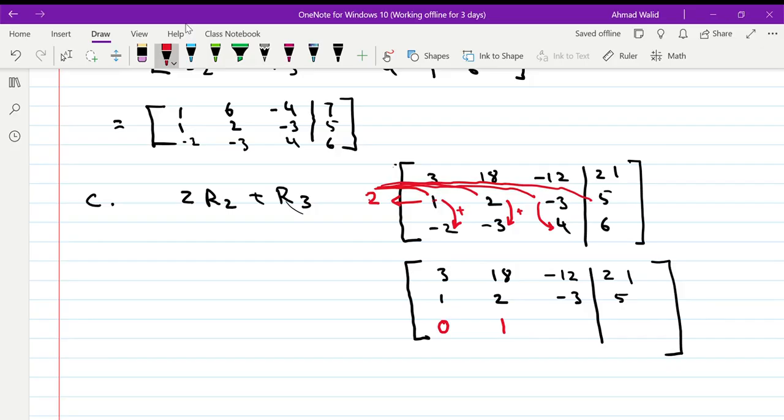Negative 6 plus 4 gives you negative 2. And 2 times 5 gives you 10. 10 plus 6 gives you what? 16. You multiply the row and add to row 3. Correct? This is how you do the operation of a matrix.